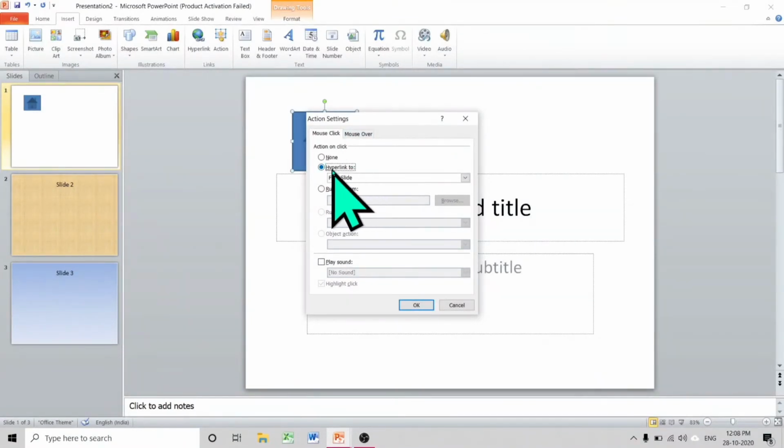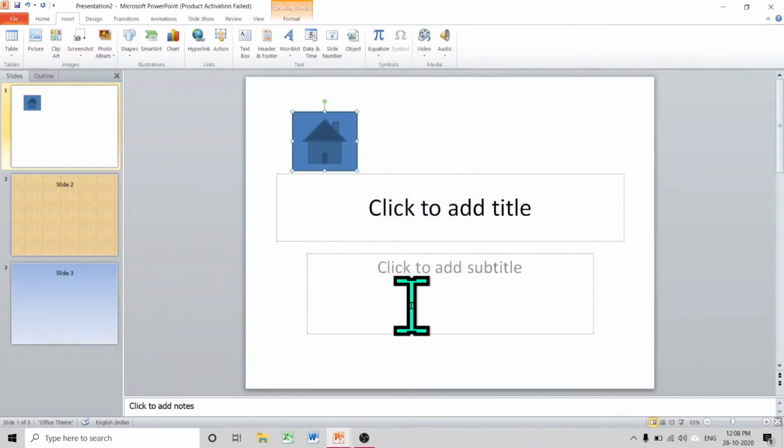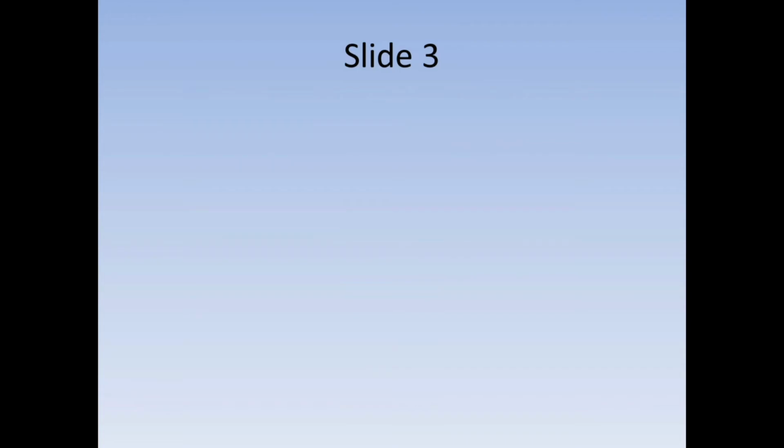Mouse click means whenever you click on that action button. I am selecting last slide. That means slide number 3. When I click on this action button, I will run the slideshow. I will click on this action button. Slide number 3 will come.